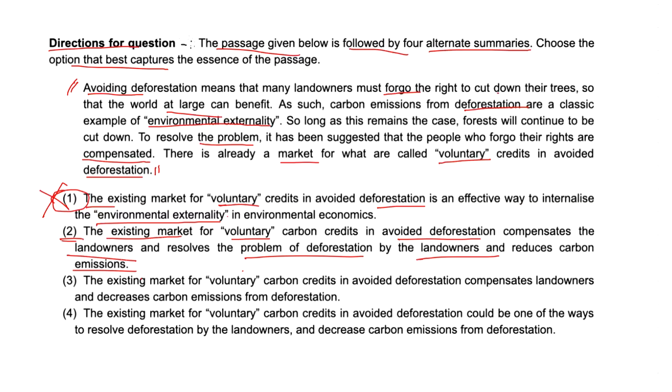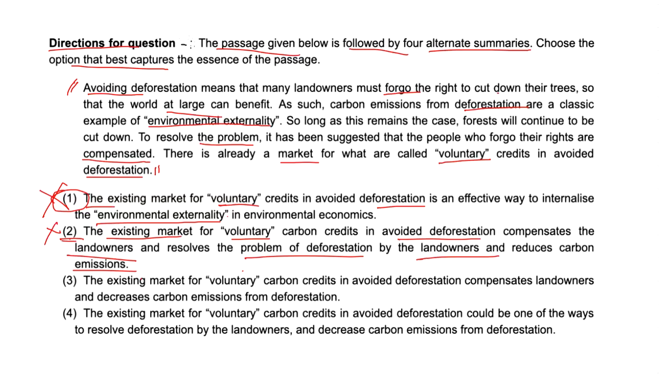It declares that the existing market already compensates landowners and resolves the problem of deforestation, which is not entirely supported by the passage. The paragraph suggests the use of voluntary credits as a potential solution, but does not confirm that this is already happening. So option 2 is not the appropriate summary.